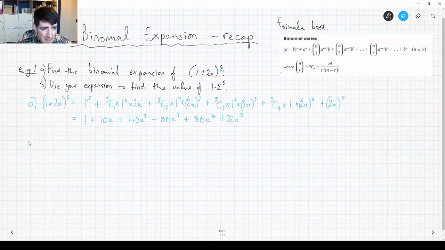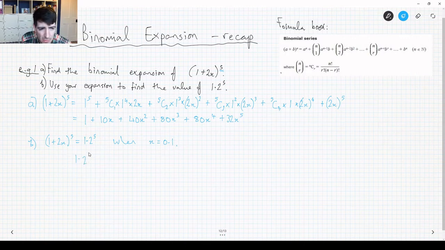So part B is how we can actually use this binomial expansion. So we know that (1 + 2x)^5 equals 1.2^5 when x is 0.1. So if we take our expansion and substitute in x as 0.1, then we'll get our answer.